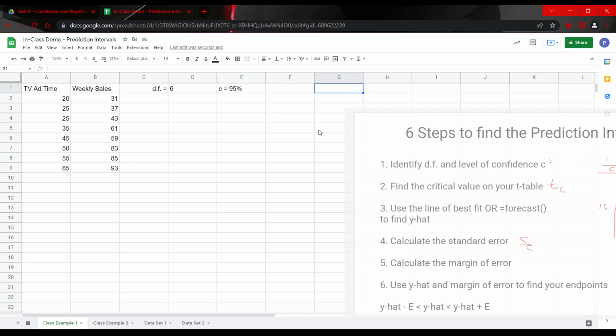If you are using Google Sheets, you can do t.inverse two-tailed. 100% minus 95 is 5%, so 0.05. And with a degree of freedom of 6. And so my TC will be 2.44 or 2.45. This is my TC.